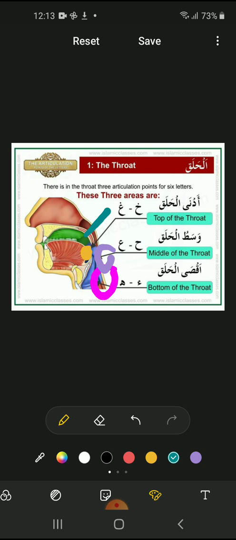Also, you should know that there is something special about them. For the Ha, it is not good to have the snoring sound while producing the Ha, like that. This is not good. But in order to have the correct sound of the Ha, you should rely only on the back part of the throat, as I told you, just below the uvula.